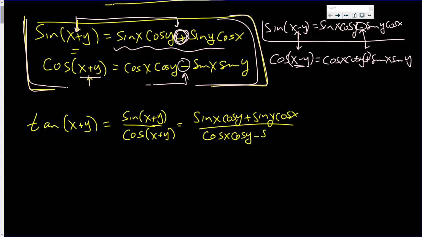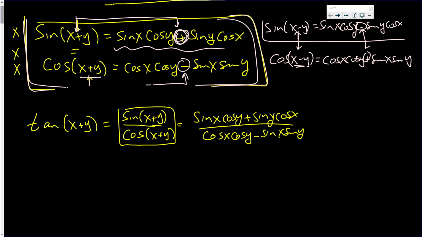And now you have a way of calculating the tangent of x plus y, and all you have to do is remember that tangent of an angle is sine of that angle over cosine of the angle, and just remember these two equations.